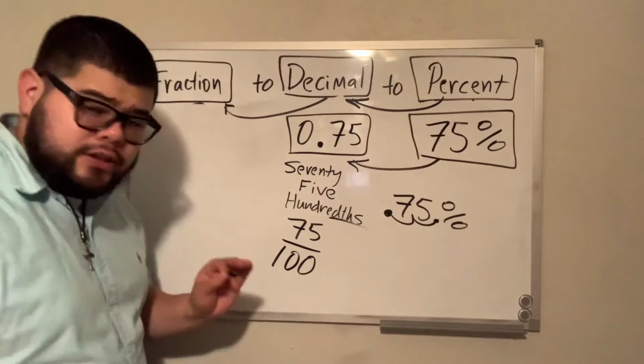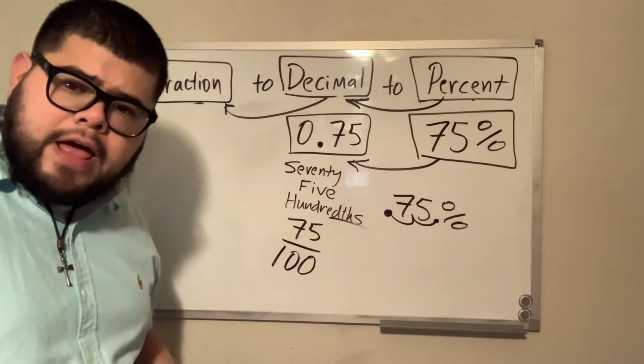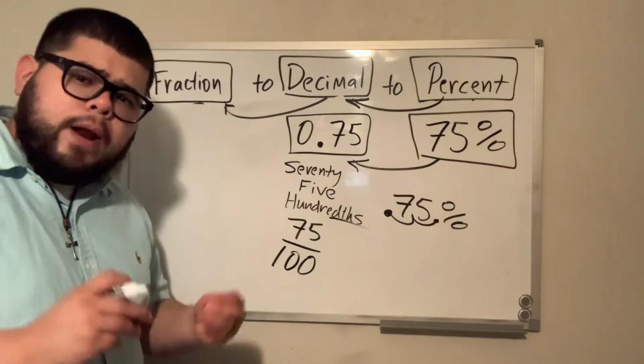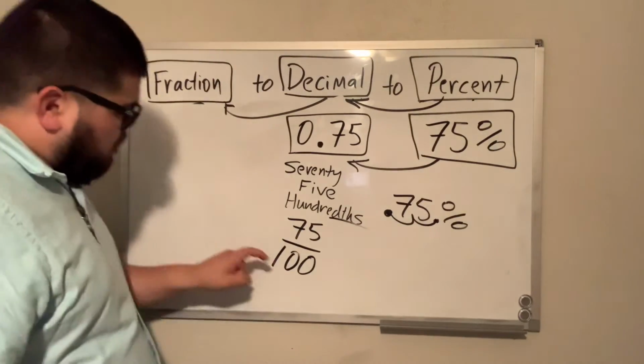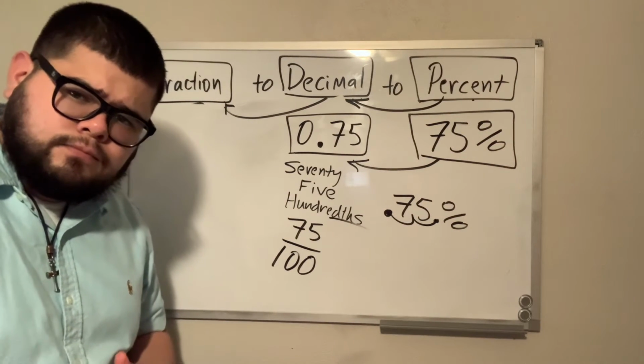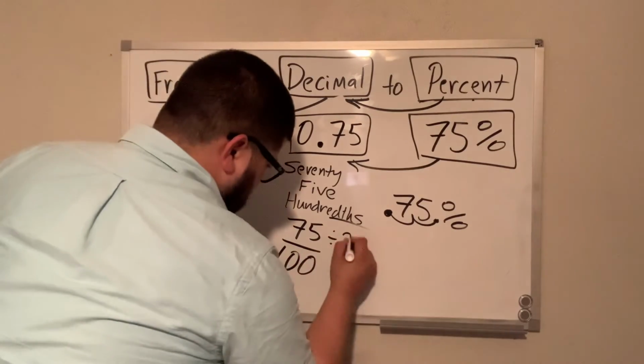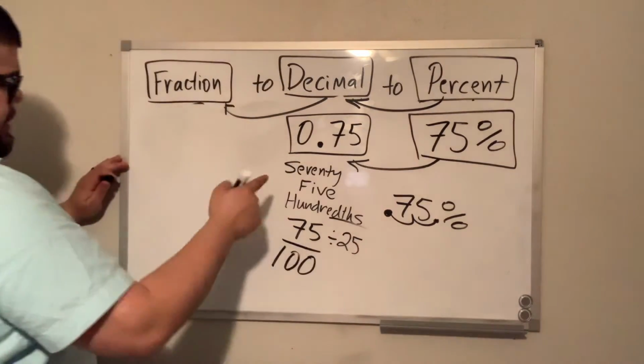Now, we want the greatest common factor. What will reduce the 75 that will also reduce the 100? Think about quarters. 25, right? 25 will divide the numerator.